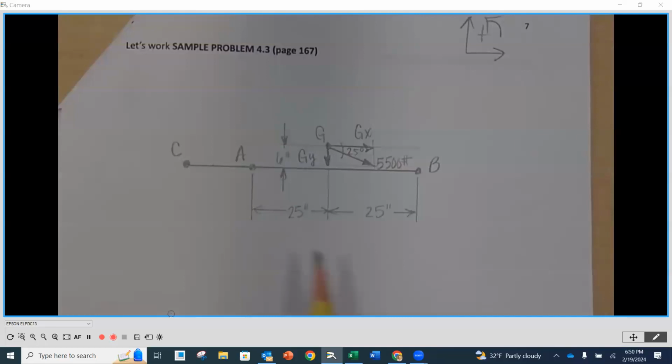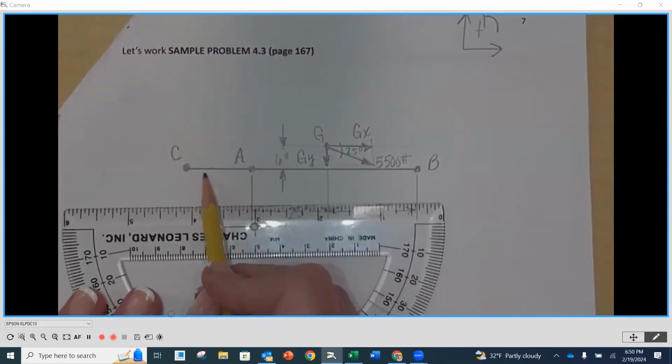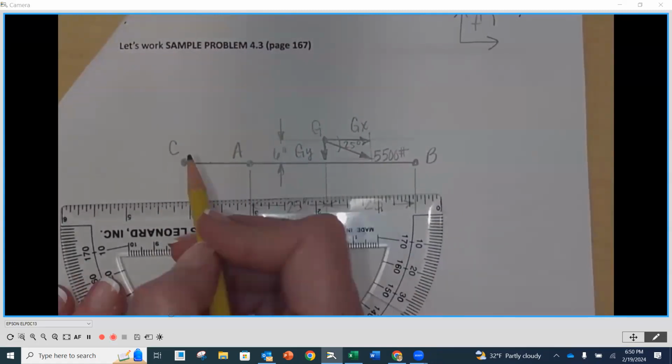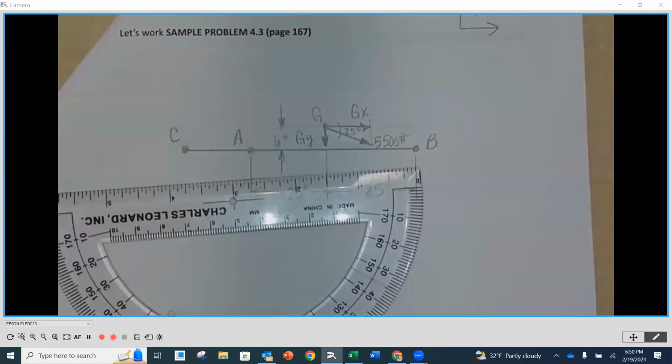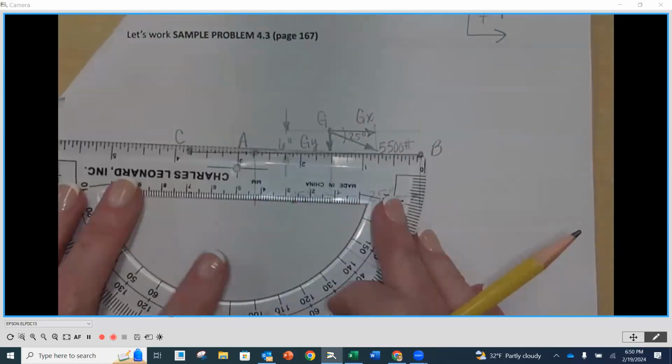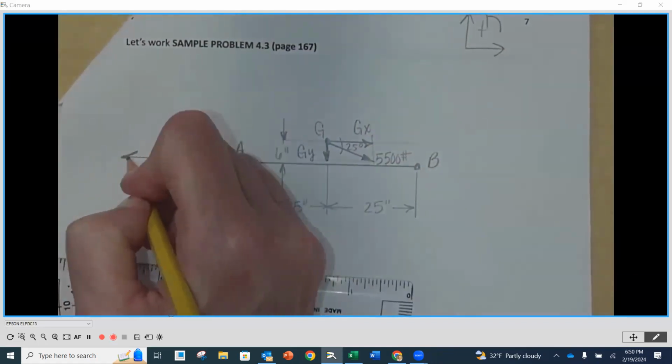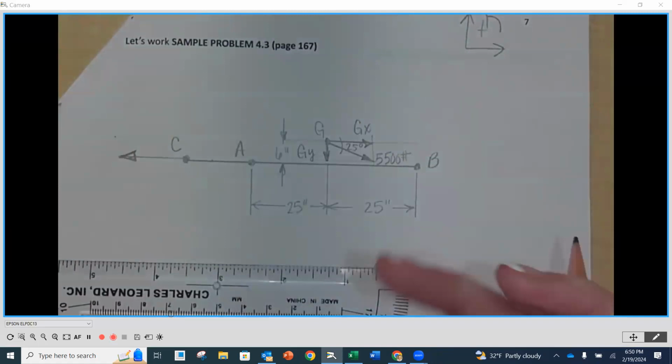Now, the force at C, we don't really need to know this difference, because we're going to find out that it's a horizontal force, so it's not going to end up having an effect. So we're just going to show C going in that direction.